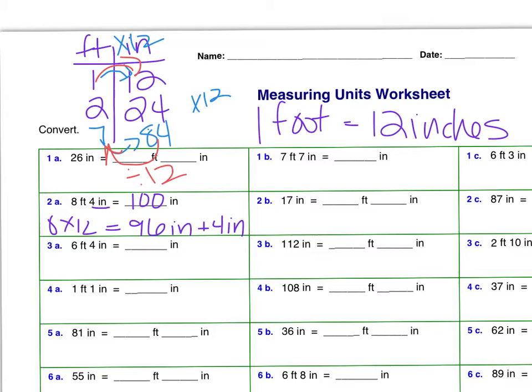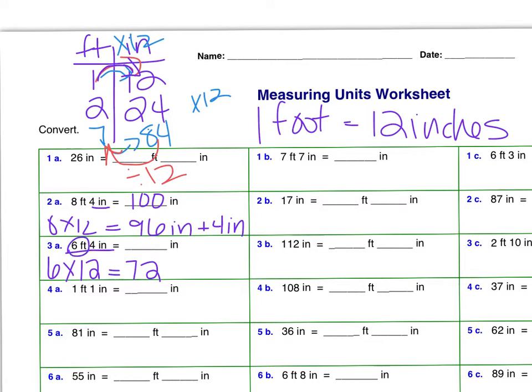This one is 6 feet 4 inches. Well, again, part of it's already in inches, so all I need to do is change the feet part into inches. So I want to change 6 feet into inches. I'm going from feet to inches, so once again I'm multiplying by 12. 6 times 12 is 72.